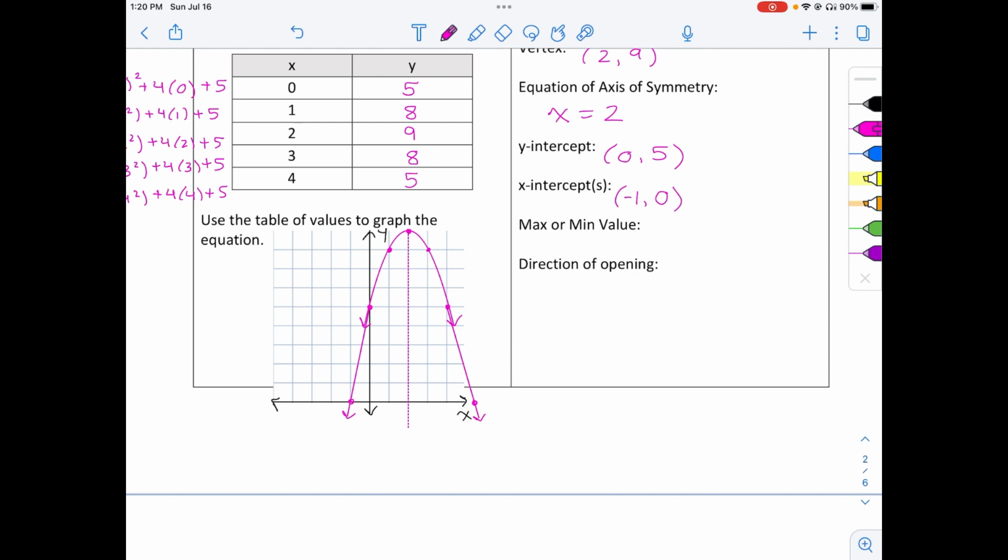Okay, that one is a little bit easier to see. And the other one would be at 5, 0. Again, you can graph this on Desmos just to double check, but this is how it would look when we extend it.